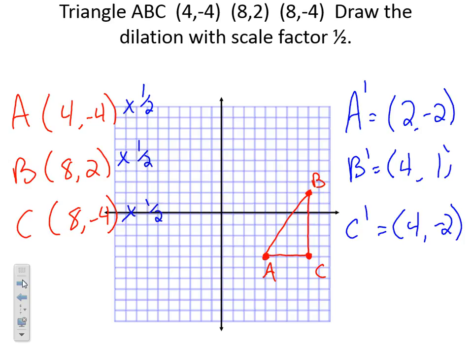Now we're going to plot these points. So we have 2, negative 2 for A prime. B prime is going to be 4, 1. And C prime is going to be 4, negative 2. So now our triangle has just shrunk in half.